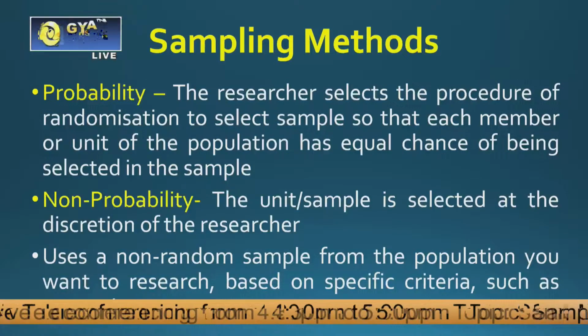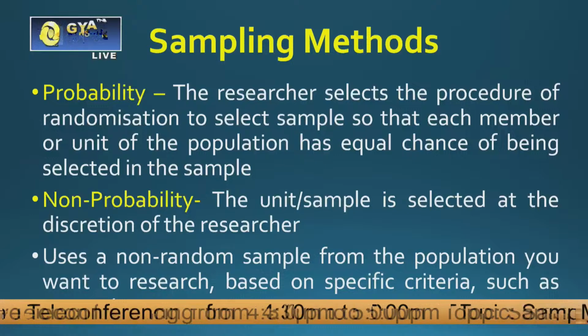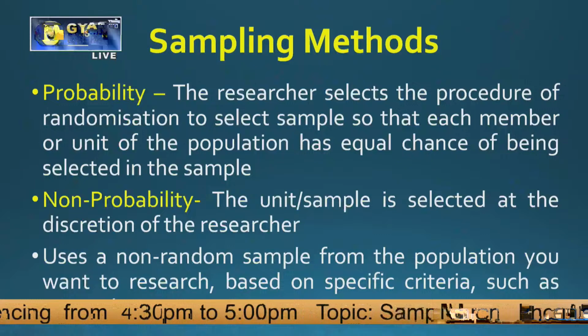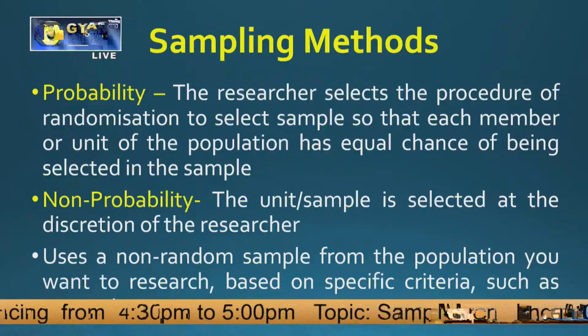Now let us understand what these two types are, the probability and the non-probability. On the slide you will see the probability sampling method, the researcher selects the procedure of randomization to select the sample so that each member or unit of the population has an equal chance of being selected in the sample.